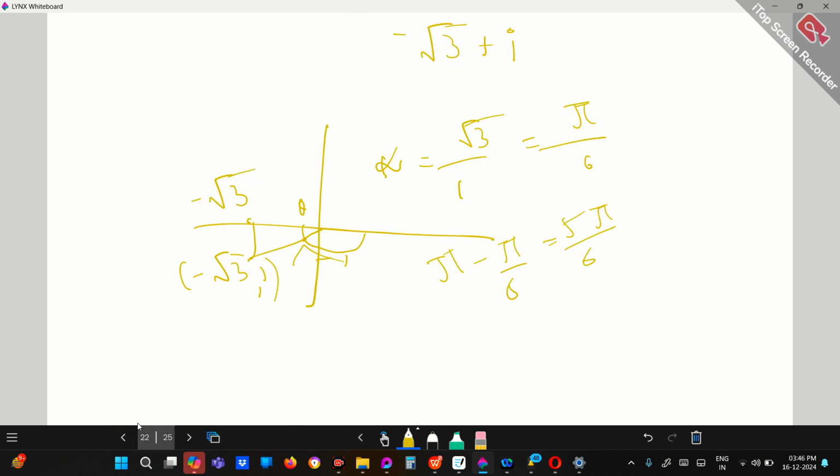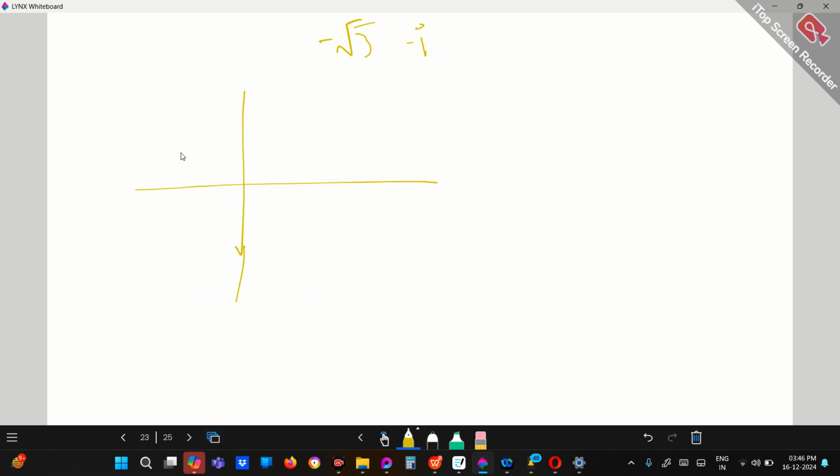What was my second sum? Minus root 3 plus i. Minus root 3 plus i will be above, right? Sorry friends. The concept is correct, but I hope you can understand. Not a problem. Next, what I'm going to do is minus root 3 minus i.